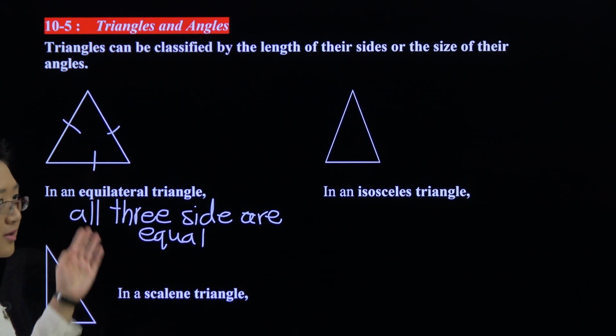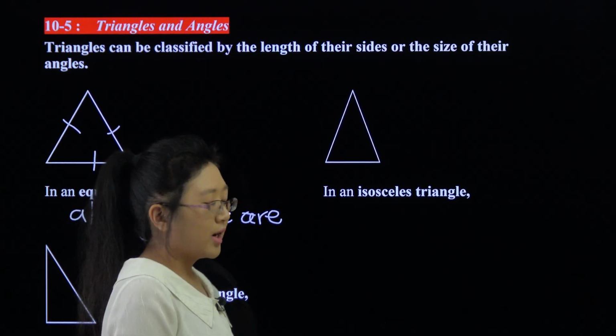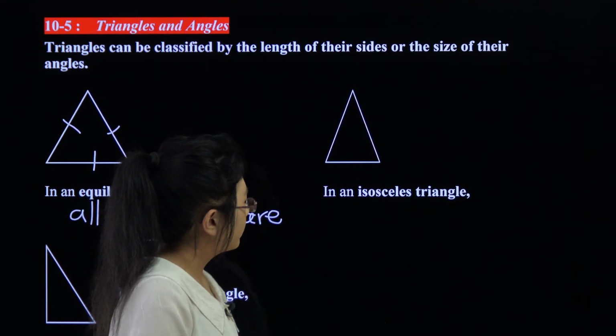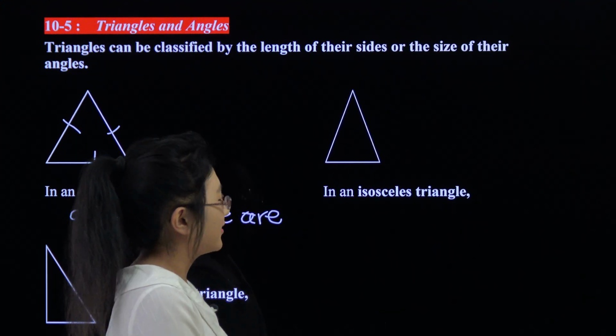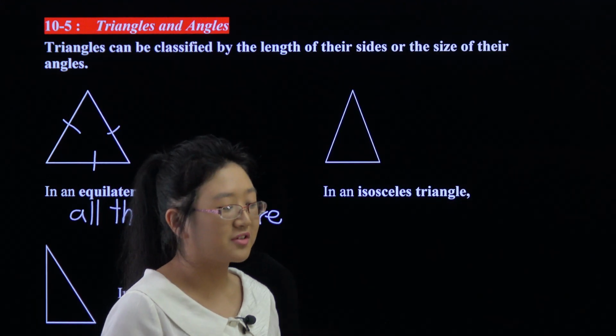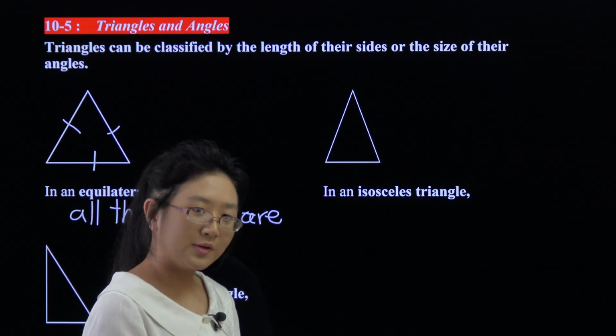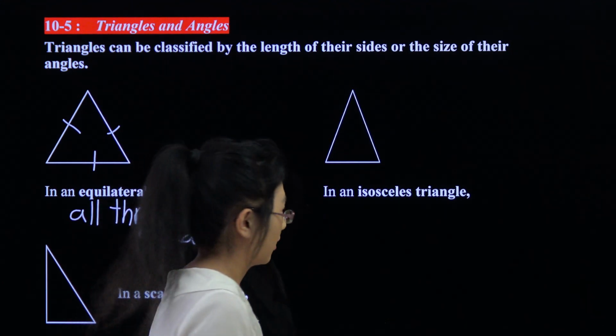And these are the marks that you would use to show that they're equal. Now, in an isosceles triangle, isosceles, and yes, there's an S and a C. I cannot tell you how many times I've seen this spelled wrong, and how many times I probably spelled it wrong when I just learned this word.